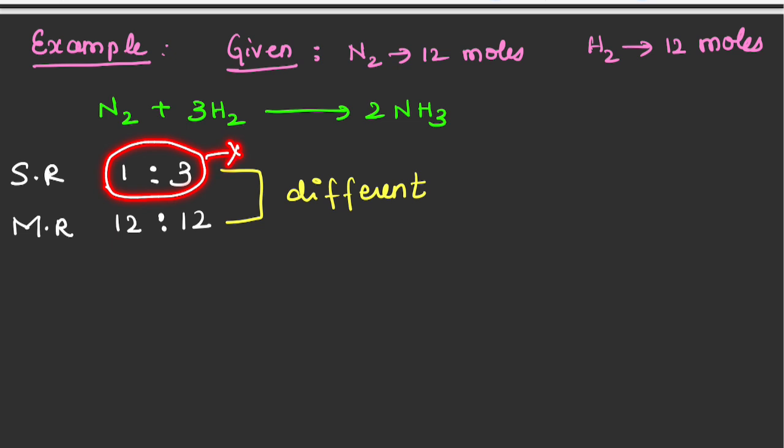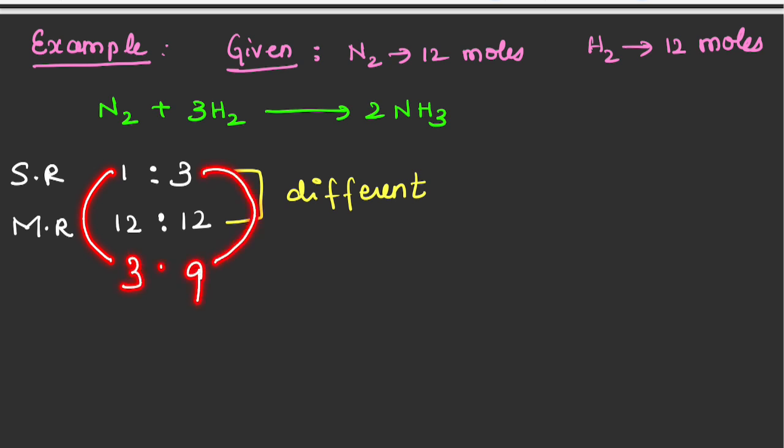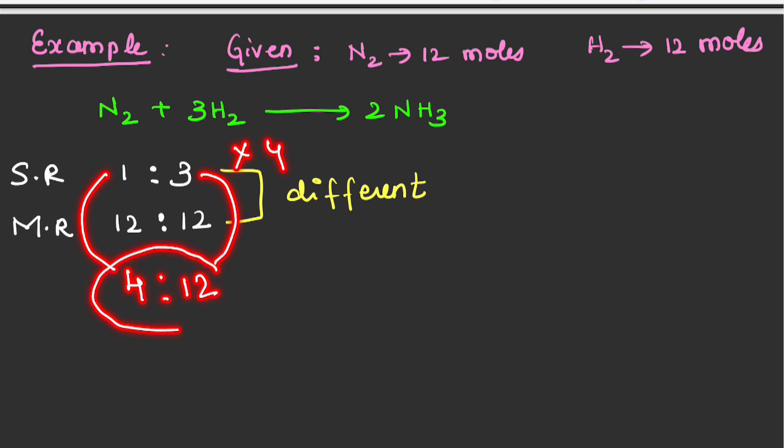If I multiply with some number, suppose with 2, what will you get? 1 2s are 2, 3 2s are 6. If I multiply with 3, 1 3s are 3, 3 3s are 9, so I'll get 3:9. If I multiply with 4, 1 4s are 4, 3 4s are 12, so I'll get 4:12, but I'll not get 12:12 as the ratio.